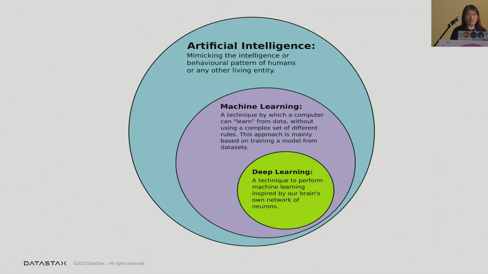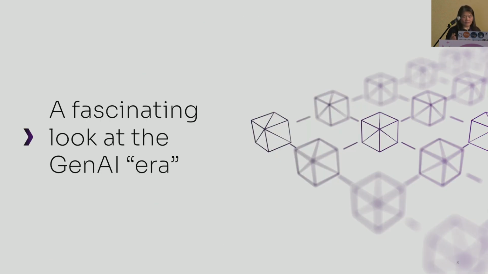You want to train the computer to think. Further down, you want to inject intelligence into it, and that's where deep learning comes in, at the core of it, the neural networks that mimic how the neurons in our brains work. So that's a real quick intro.